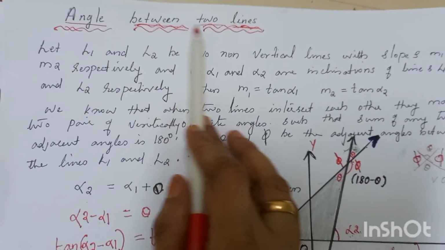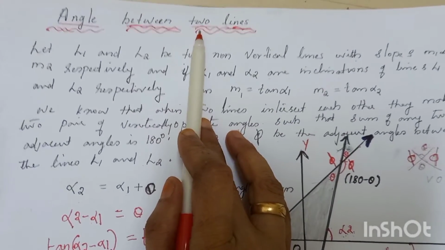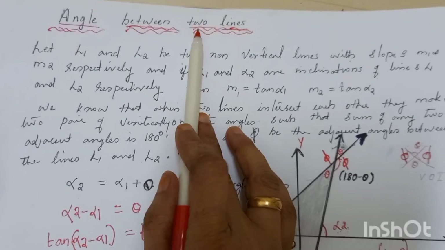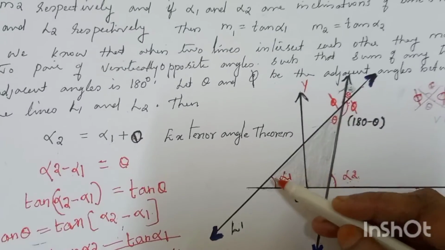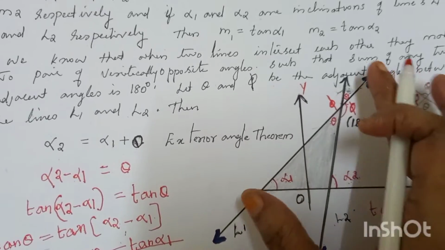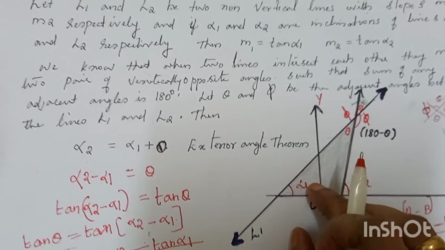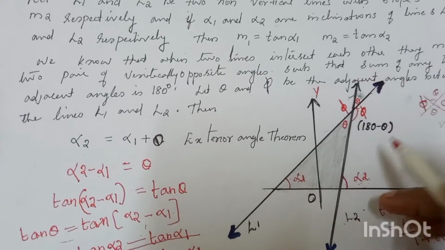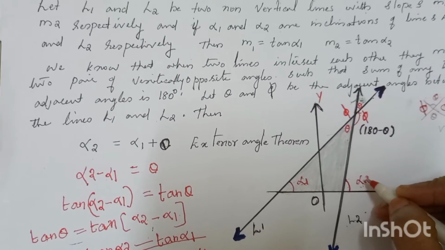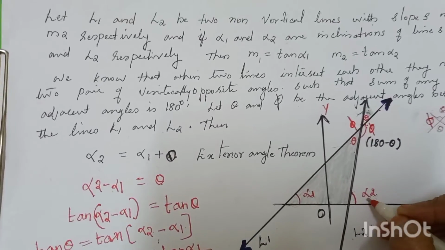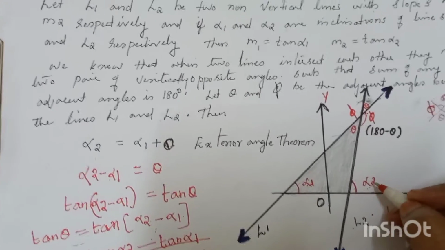Angle between two lines. How will you find the angle between two lines? Let the angle of inclination of L1 be represented by alpha 1 and the angle of inclination of L2 be represented by alpha 2, isn't it?